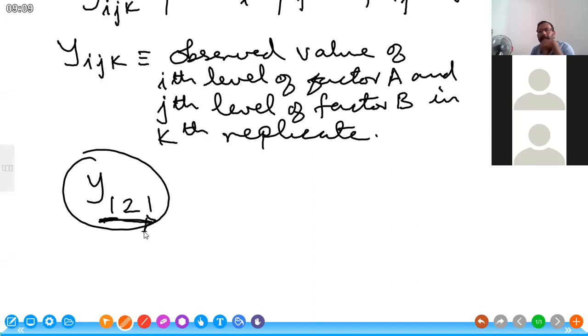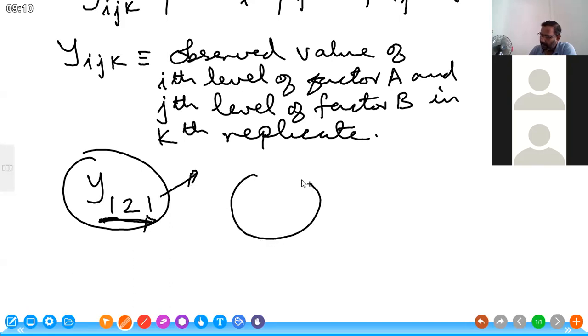Start from this direction, that is easy. Observed value of the first level of factor A and second level of factor B in the first replicate. Good. So that is how you explain this, right?